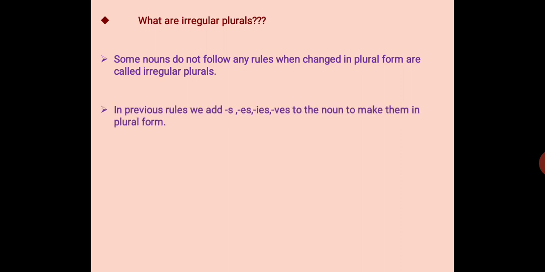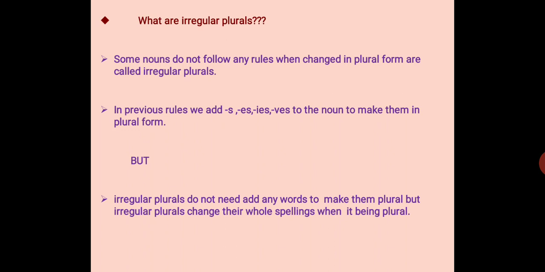In previous rules, we add s, es, ies, ves to the noun to make them in a plural form. But irregular plurals do not need any added endings to make them plural, rather irregular plurals change their whole spelling when becoming plural.